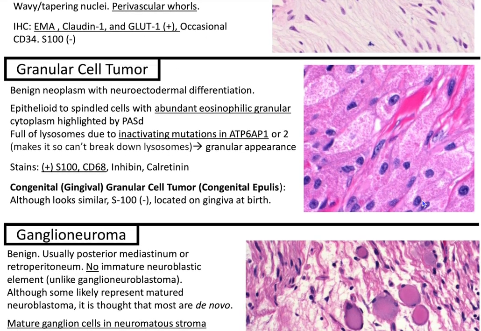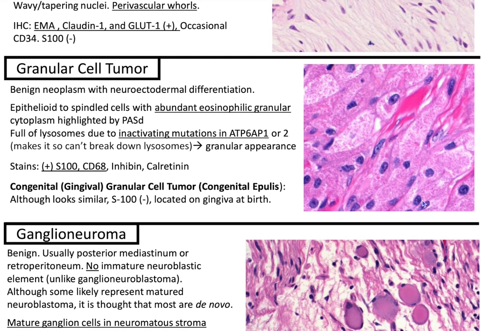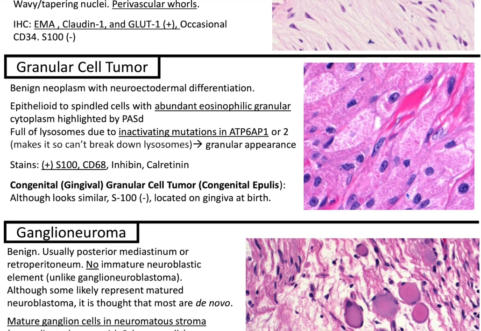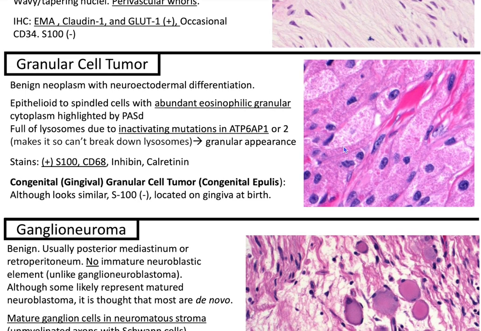Granular cell tumor. This is a benign neoplasm with neuroectodermal differentiation. You'll have epithelioid to spindle cells with abundant eosinophilic granular cytoplasm, highlighted by your PAS diastase. It has a lot of lysosomes due to inactivating mutations in ATP6AP1, so that's why it has that granular appearance.